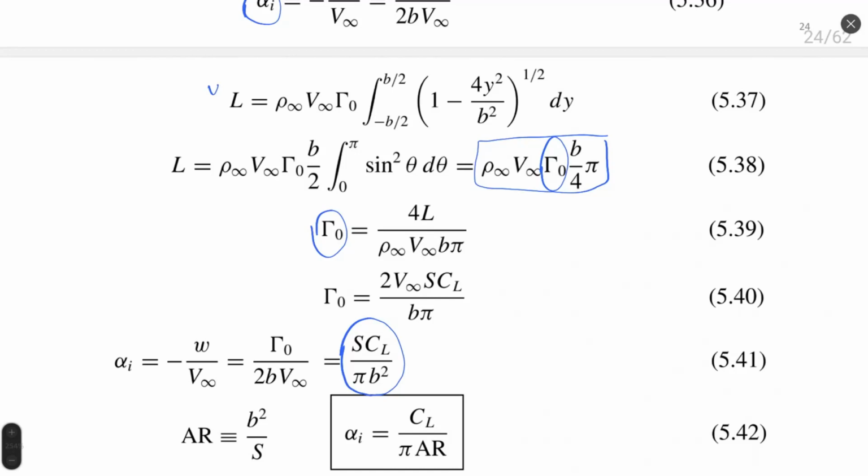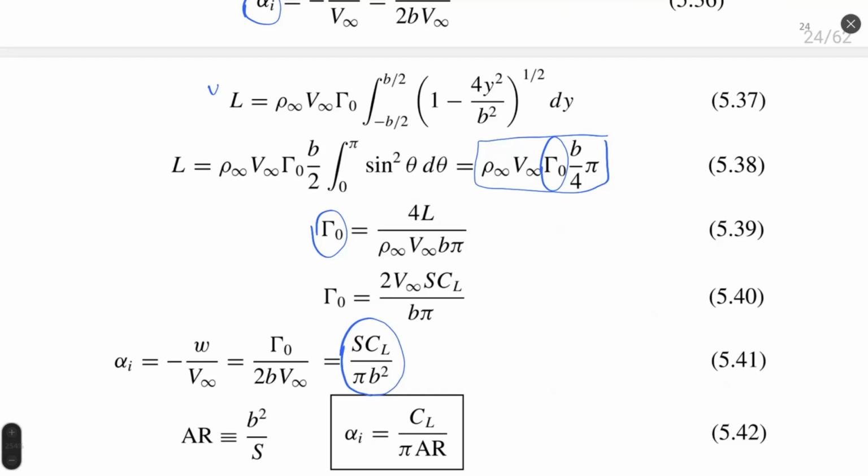Induced angle of attack will be proportional to area of the wing and lift coefficient, and inversely proportional to pi and the size of the wing squared.